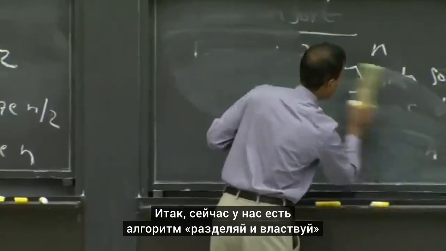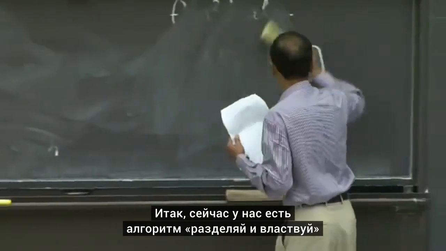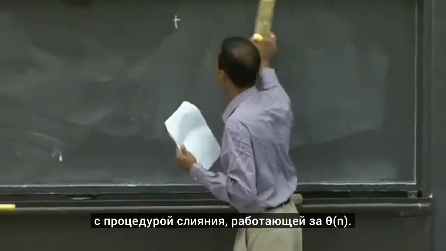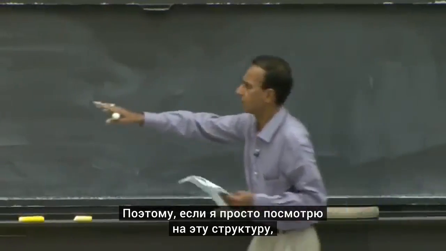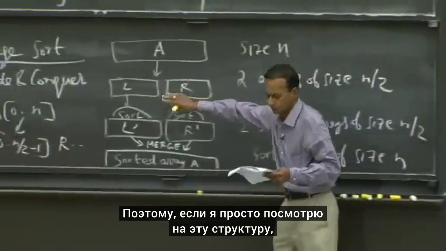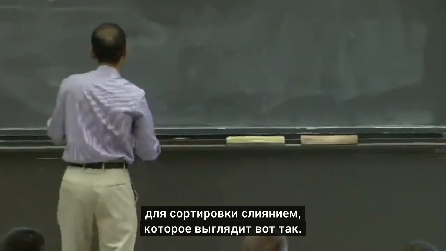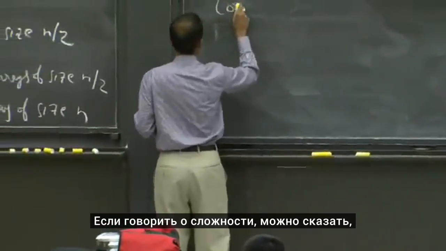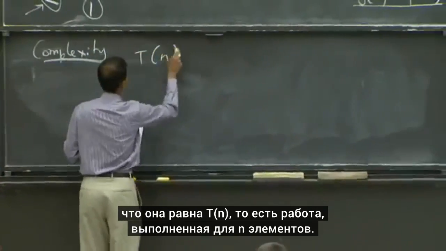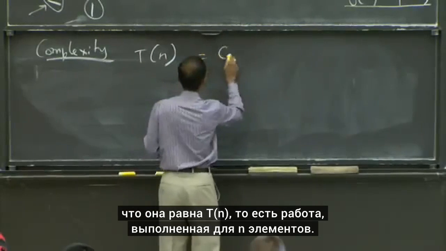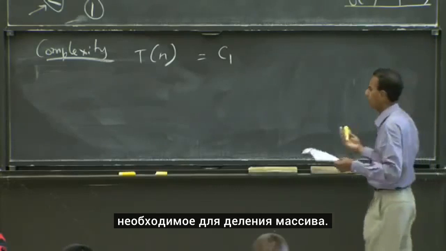So where we're at right now is that we have a divide and conquer algorithm that has a merge step that is theta n. And so if I just look at this structure that I have here, I can write a recurrence for merge sort that looks like this. So when I say complexity, I can say T of n, which is the work done for n items, is going to be some constant time in order to divide the array.